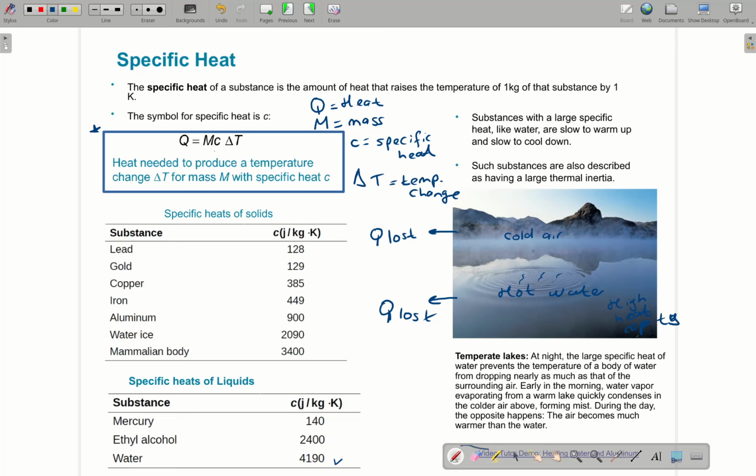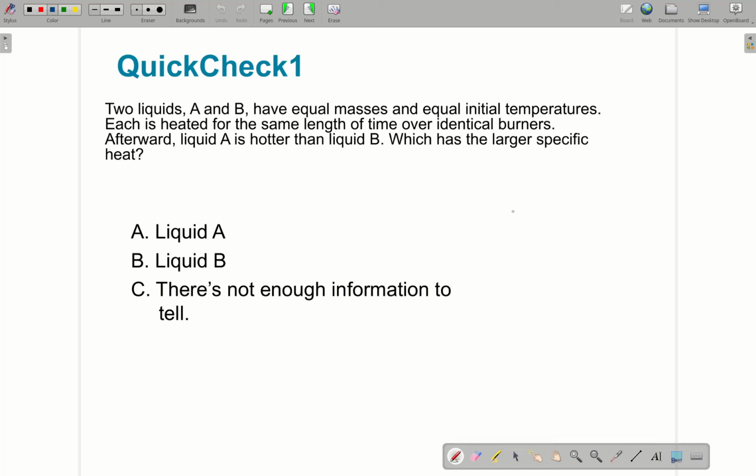So we have this nice phenomenon. In the morning, as things are getting heat from the sun, the inverse happens. Air heats up a lot, but water doesn't. That's why it feels cool. So high heat capacity is able to take in or give heat without changing temperature too much.